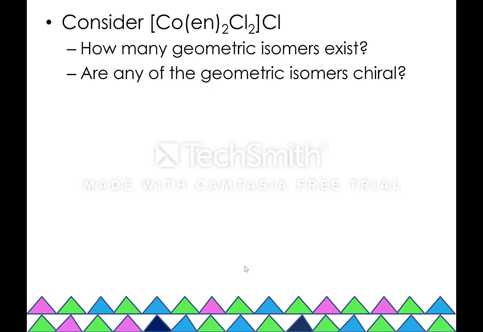Okay, so I thought I would go ahead and do an example of determining the geometric isomers for a coordination compound that includes bidentate ligands. We're going to figure out how many geometric isomers exist and also how many of those geometric isomers are chiral. To do that, we need to go ahead and draw these structures.